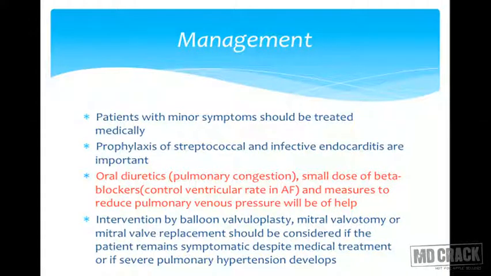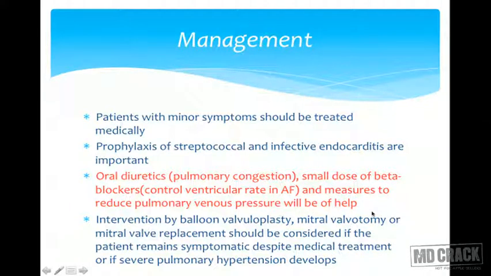How to manage such cases? Patients with minor symptoms should be treated medically. Prophylaxis of streptococcal infection and infective endocarditis is important. Oral diuretics will take care of the pulmonary congestion. Small doses of beta blocker can control the ventricular rate in atrial fibrillation, and measures to reduce pulmonary venous pressure will be of help.